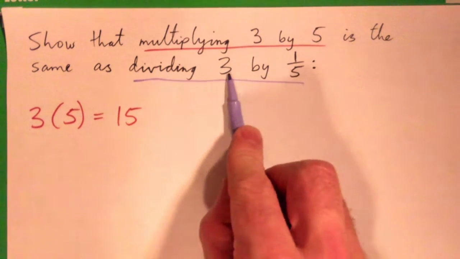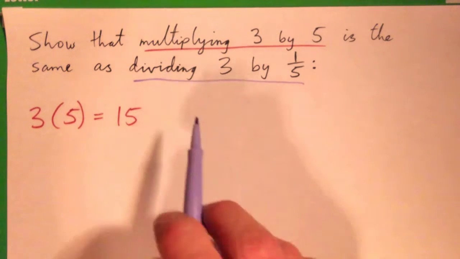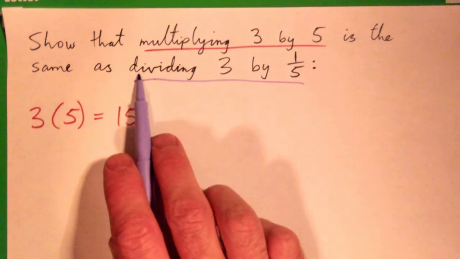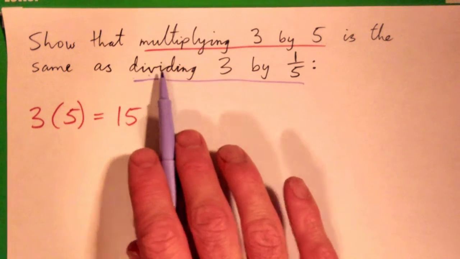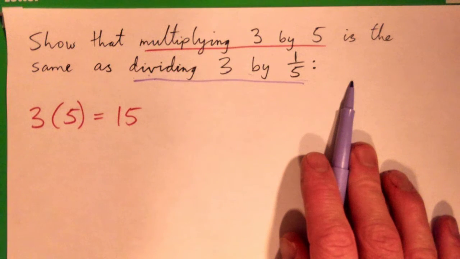What does that look like? No, it says dividing. Look, in your question it says dividing 3 by 1/5. Isn't that what it says? So how would you write that down?